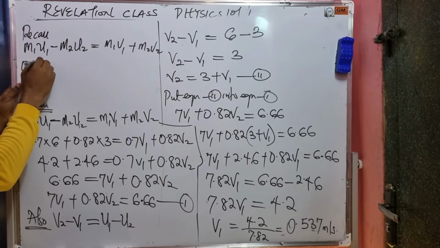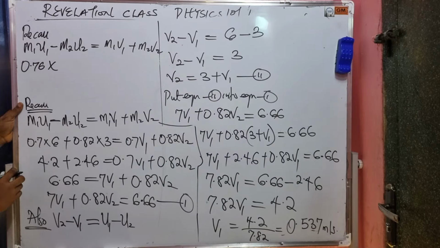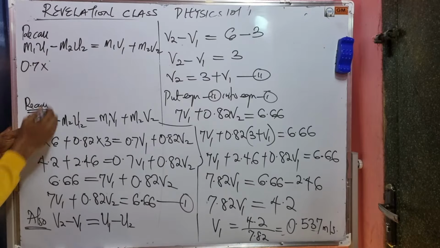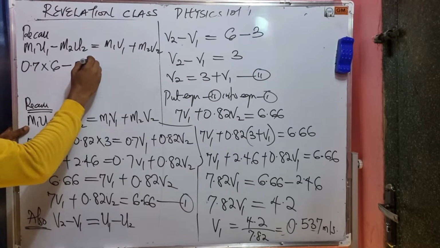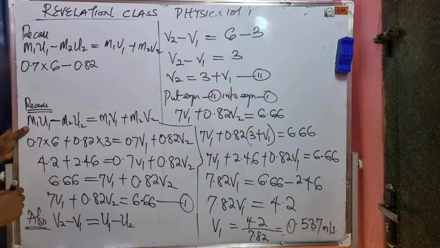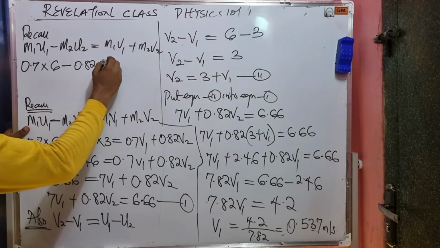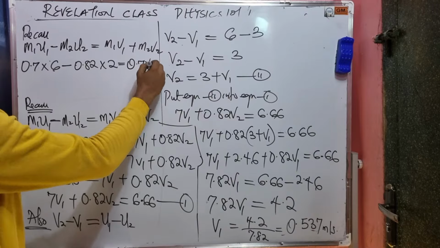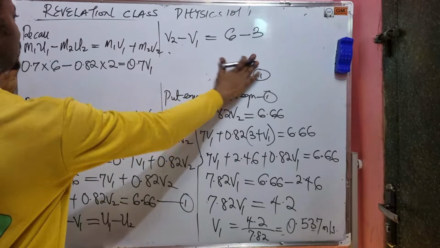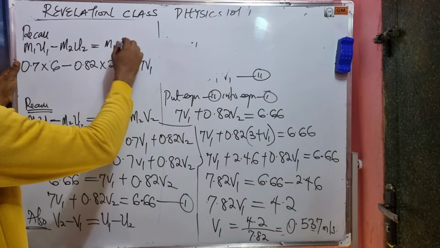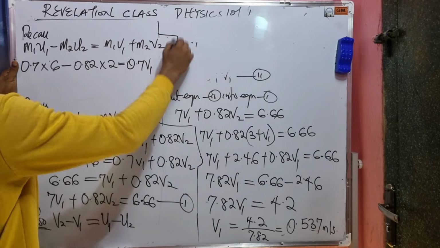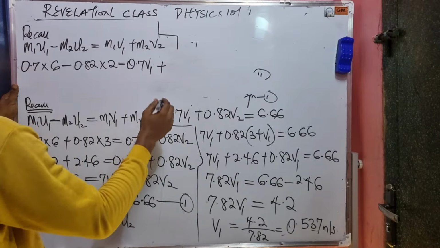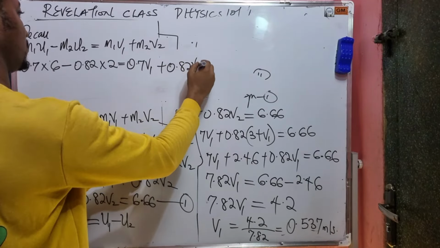So let's go. Here will give us 0.7 times our U1, which is 6, minus our M2, which is 0.82, times our U2, all equals to M1, which is 0.7, V1 plus our M2, which is 0.82, V2.